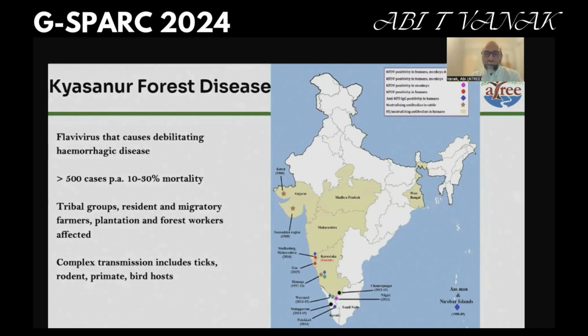Mainly people from forest-dwelling communities, forest workers, and plantation workers were typically the most affected. This disease has a very complex transmission cycle, which includes multiple species of animals, including ticks, rodents, small mammals, primates, birds, and other animals.